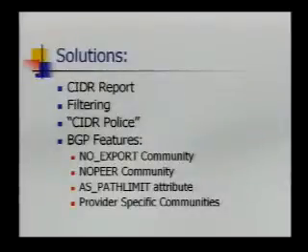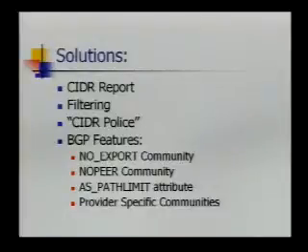Solutions: the CIDR report has been around for years and years. Certainly when I was working at an ISP in my early days in the industry, the CIDR report hadn't quite appeared. Then it appeared, it was effective, and people paid attention to it. We went through the years of the late 90s and early 2000s where people said, hey, look, I'm number one on the CIDR report, I'm the biggest ISP in the world, which wasn't quite the original idea. Of course, there's plenty of filtering available.